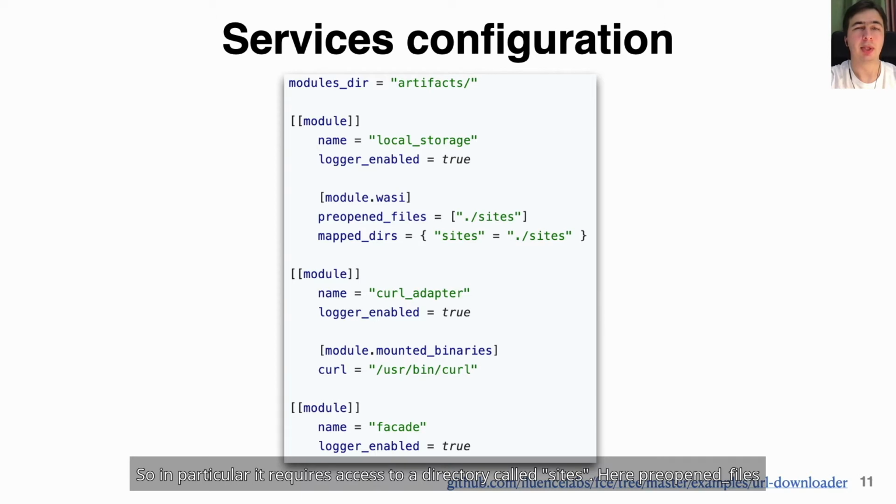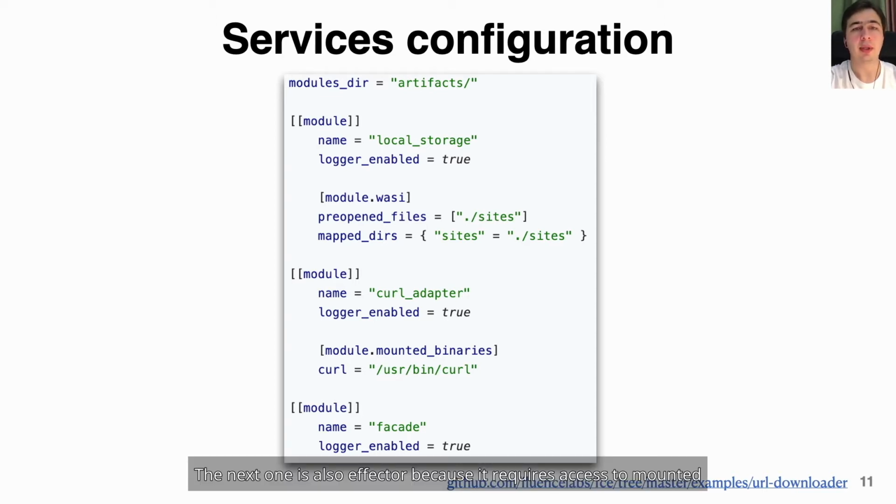In particular, it requires access to a directory called sites. Here, preopened files is a list of directories or files that a module can access during its work. And mapped dirs here can be used for setting aliases for each preopened file.